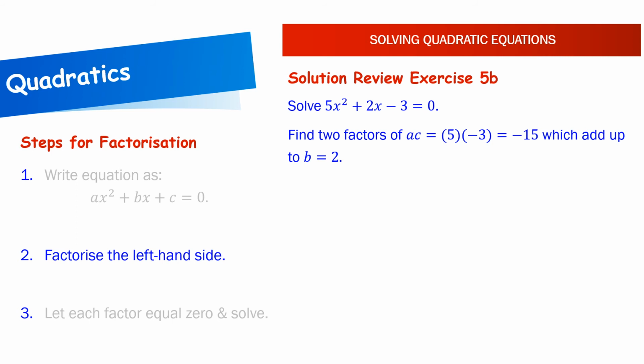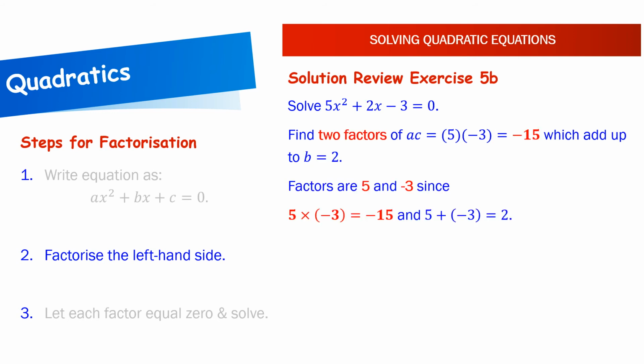We need to find two factors of AC equals 5 times minus 3 equals minus 15, which add up to b equals 2, as shown. The factors are 5 and minus 3, because 5 times minus 3 equals minus 15, and 5 plus minus 3 equals 2.